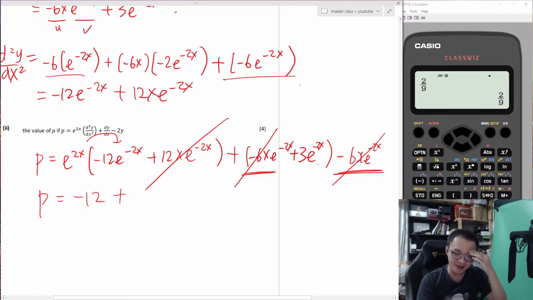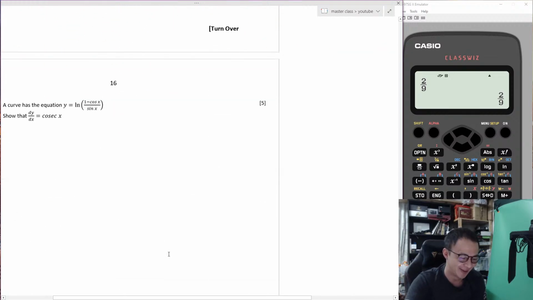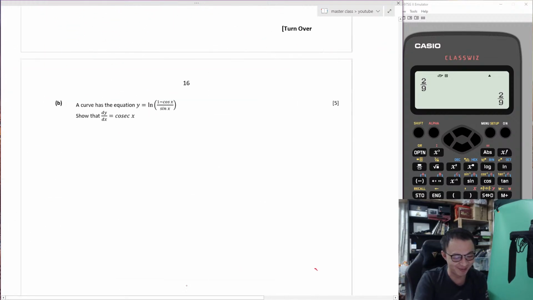Here I still have x here. Yeah, I still have something like 3e negative 2x, 3 over e2x. Let me check, skip to the next question. Alright, Alvin say this question got some problem. Let's skip. Yeah, I love to skip question.